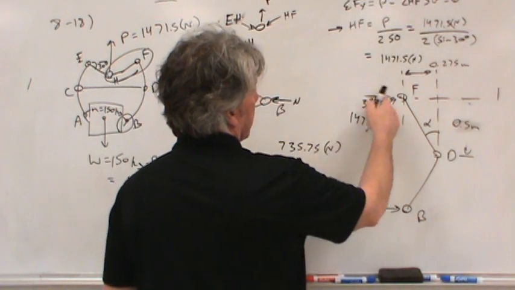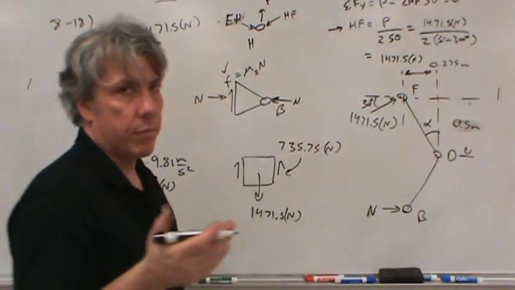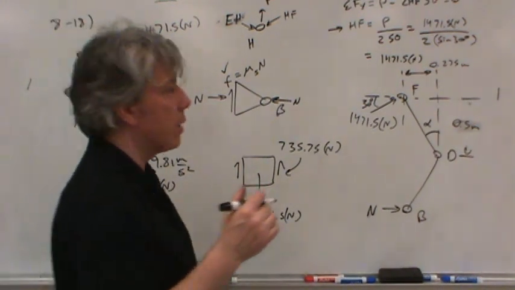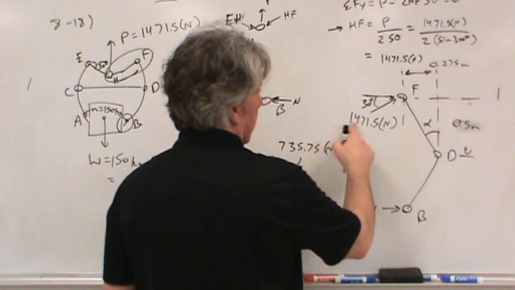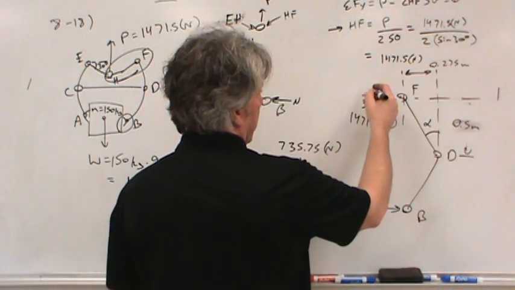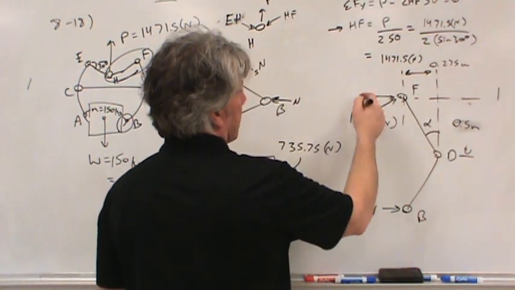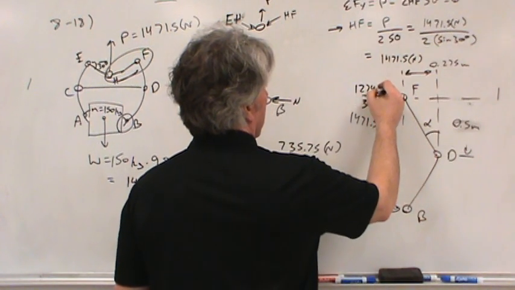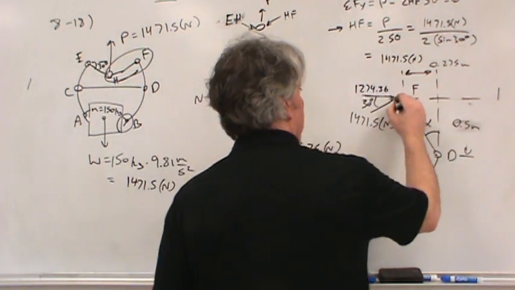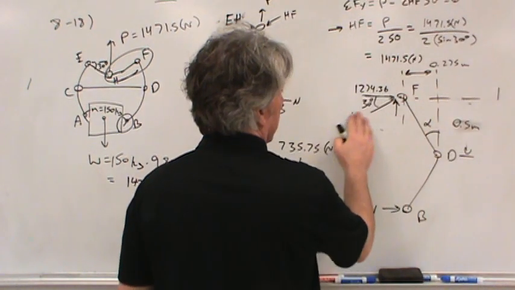So 1471.5 times cosine of 30 degrees, in other words, 0.86 something, gives us how much force in the horizontal direction of this force. So 1471.5 times cosine of 30 gives us how much? 1274.36. Okay, and how about the vertical component?